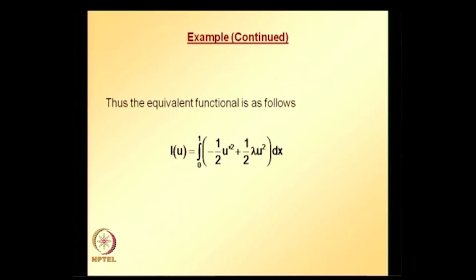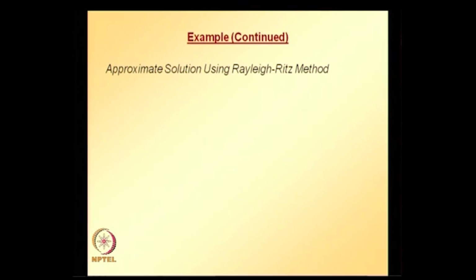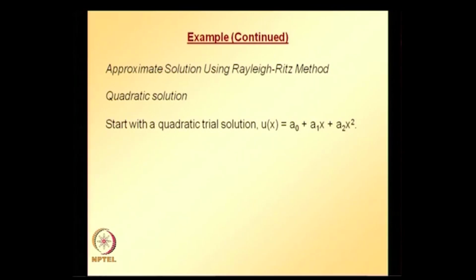The equivalent functional is again looking similar to what you have seen earlier, except that lambda is the additional quantity, but do not get scared, it becomes an eigenvalue problem. So, we will go with a quadratic trial solution, and before we proceed further, we need to make this admissible.